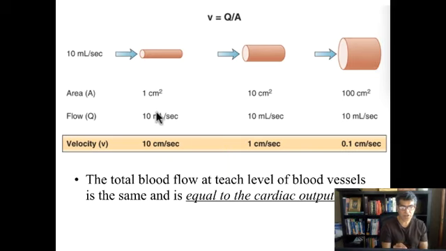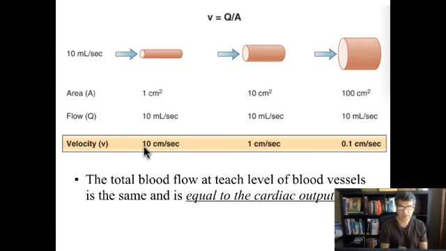So if I punch this number inside the formula, as you can see, the Q is the same. The A for this vessel would be only 1 centimeter squared. This one is going to be 10, and this one is going to be 100. As a result, you can see here the velocity of the blood in this vessel is 100 times less than the speed here, because the area is increased by 100 times.